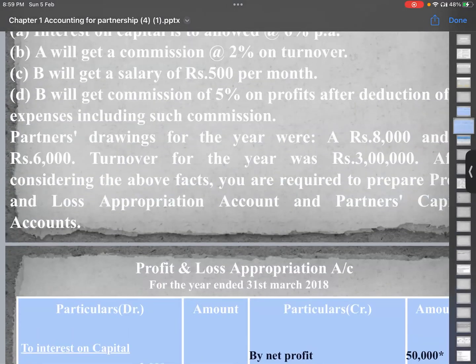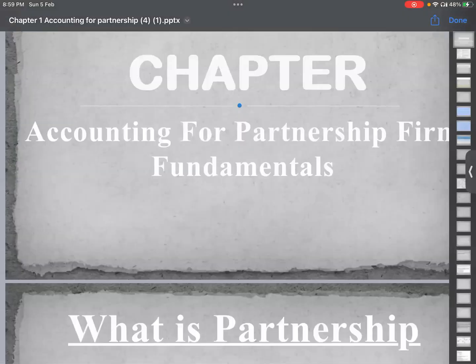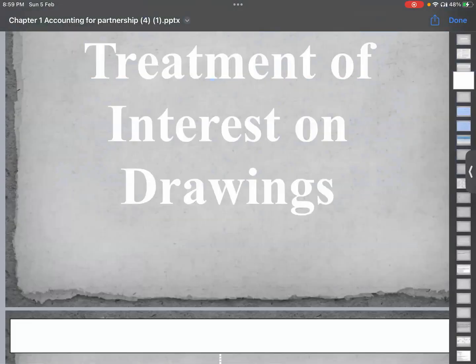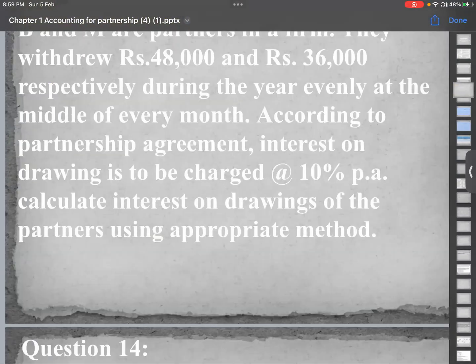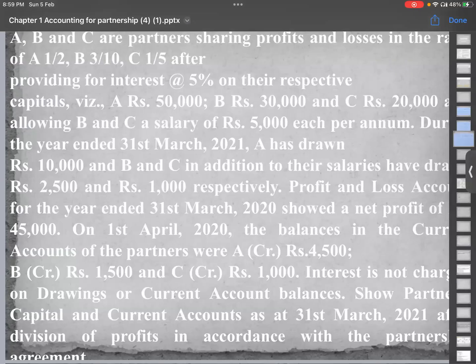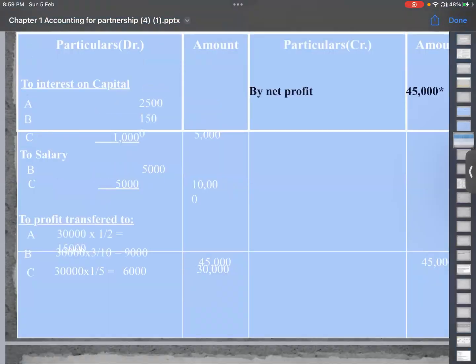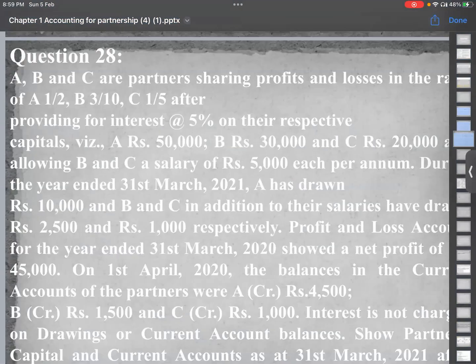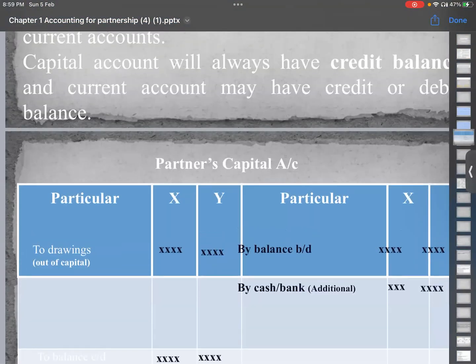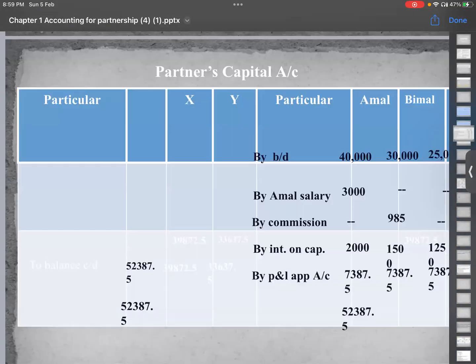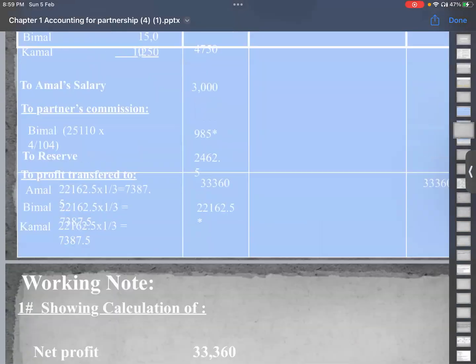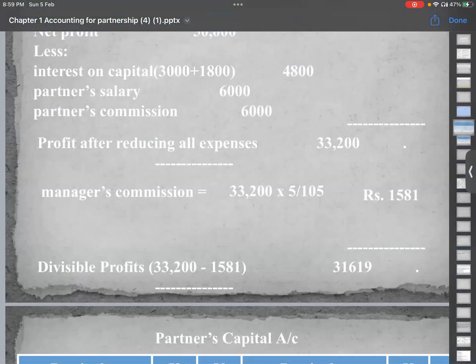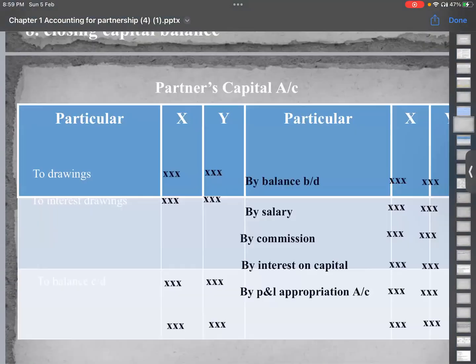Just tell me the divisible profit as per the profit and loss appropriation account. Tell me if anyone has completed it.